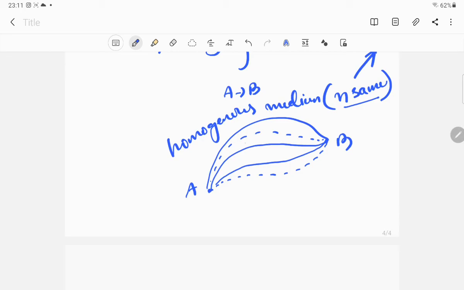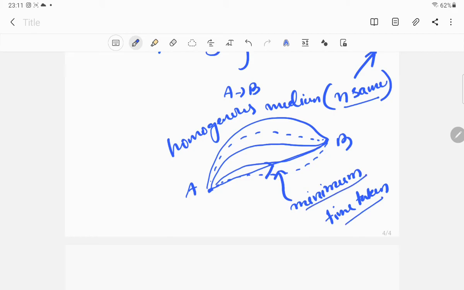If you look at this situation, we can see that if we make a straight line directly from a to b, this is going to be the minimum time taken, because only when it is a homogeneous medium. So in case of a homogeneous medium, the ray of light will always take a straight line.